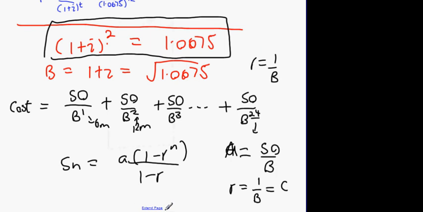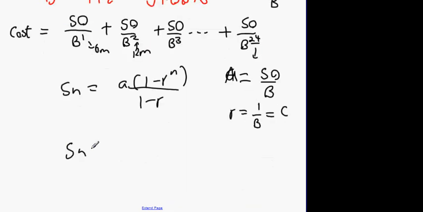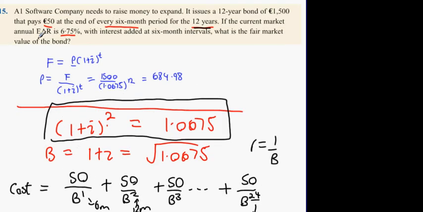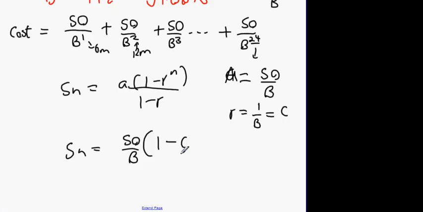Now all of a sudden our equation becomes 50 divided by b, times 1 minus c to the power n, all over 1 minus c, because r is c. Now n is the number of payments. You're going to make 24 payments in total, because it's 12 multiplied by 2 payments a year, which is 24. So it's going to be c to the power 24, all over 1 minus c.